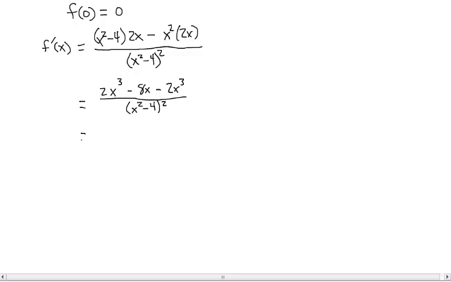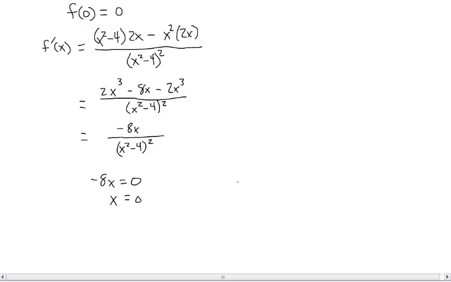And I'm going to simplify it one more time. The 2x cubed and the negative 2x cubed cancel. So we have negative 8x divided by x squared minus 4 squared. And now we're going to set this equal to 0. So we have negative 8x is equal to 0 and x is equal to 0.